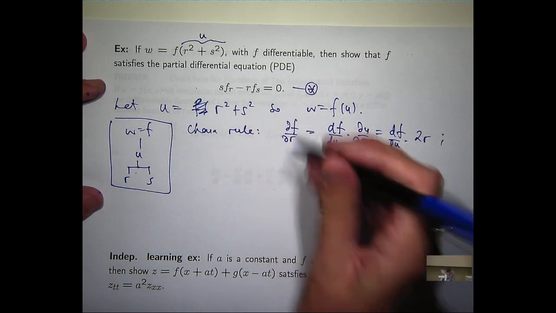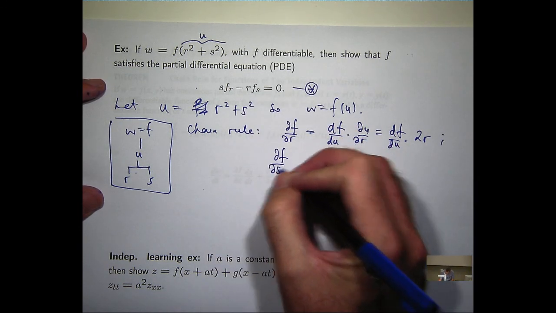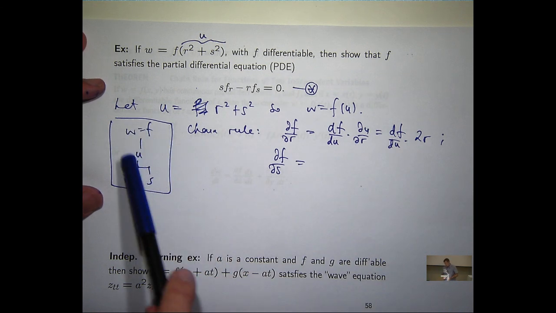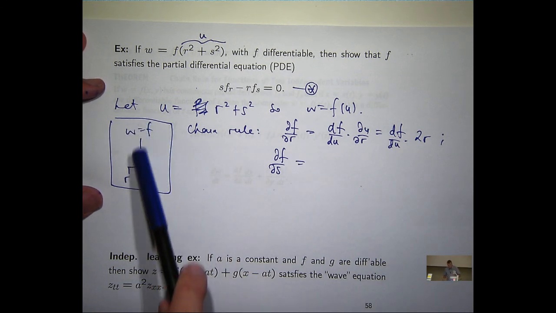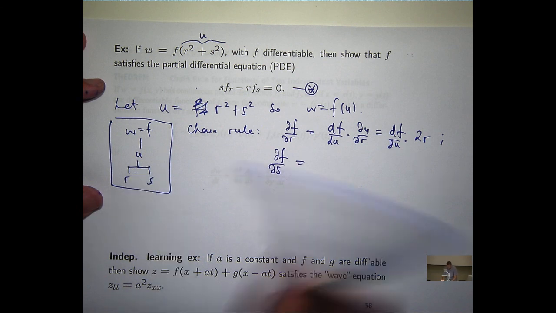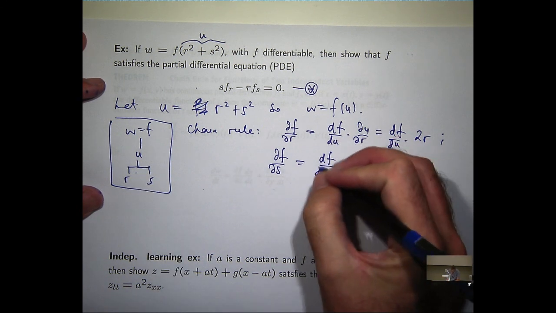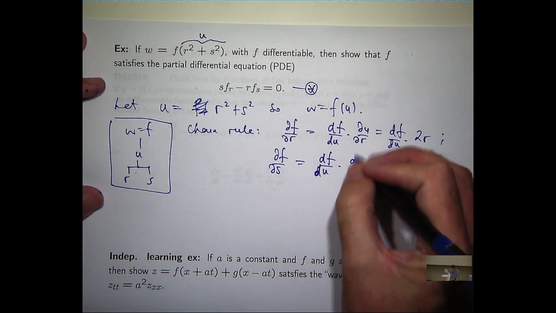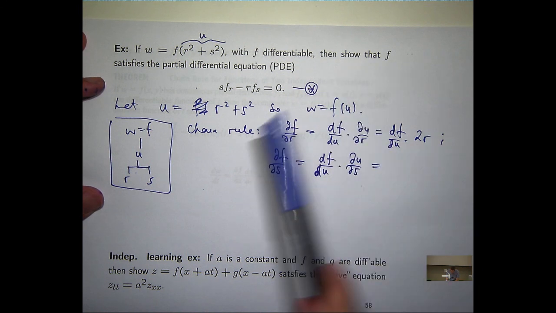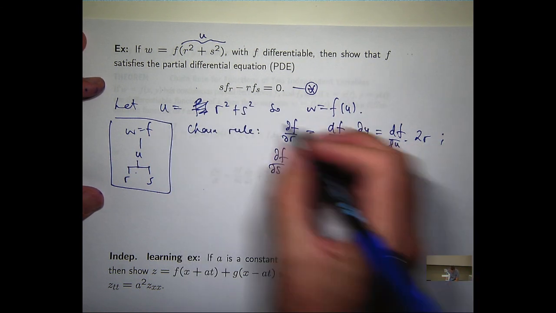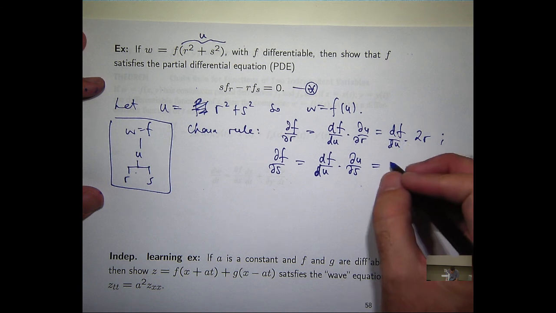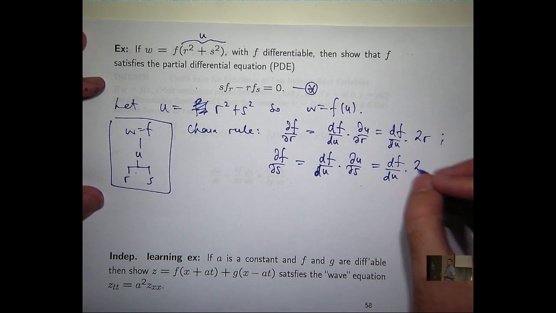Let's work out the other derivative, df ds. So there's one way from the top to s, df du times du ds. All right, now you use r squared plus s squared, so differentiate that partially with respect to s, and we'll get the following.